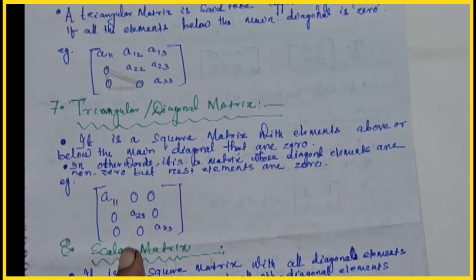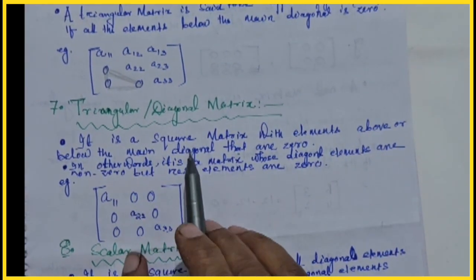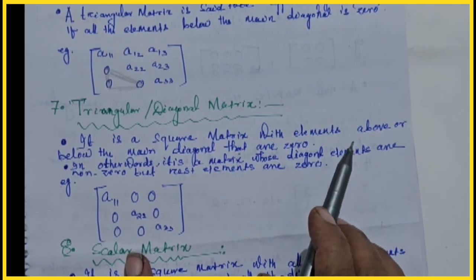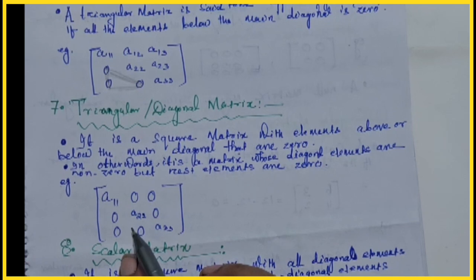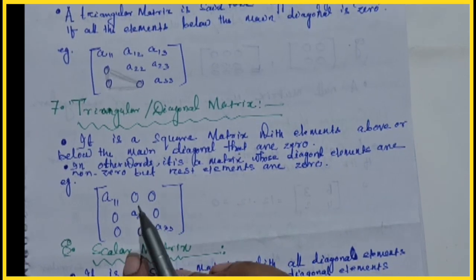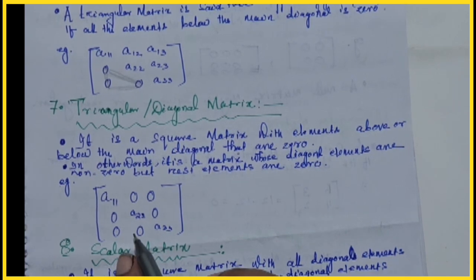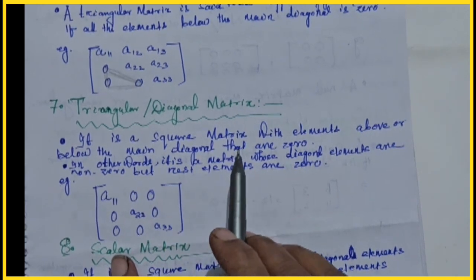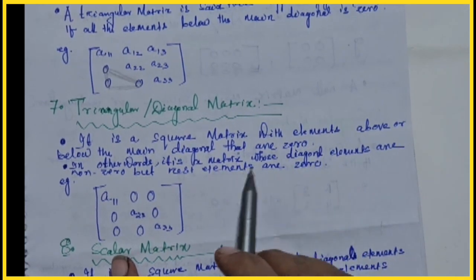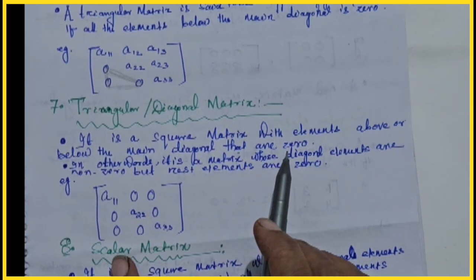Then triangular or diagonal matrix. So what is triangular or diagonal matrix? It is a square matrix with elements above or below the main diagonal that are 0. Only the elements of the diagonal are present, and other elements above or below the diagonal are 0.